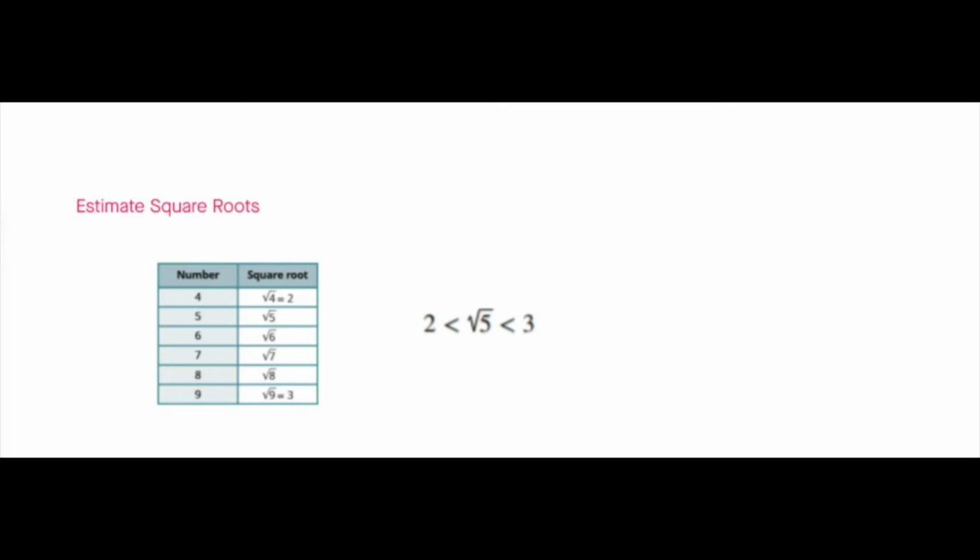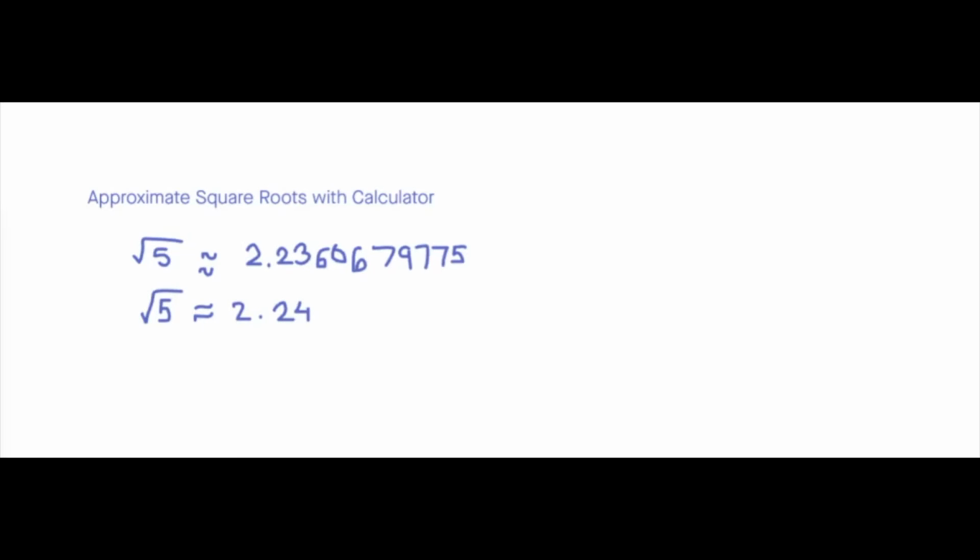Since 2 comes before the square root of 5, we could say the square root of 5 is greater than 2, and since 3 comes after, we could write that the square root of 5 is less than 3. We could also find the approximate value of the square roots by using a calculator. We would just need to enter the radical into the calculator, then we would get a decimal value.